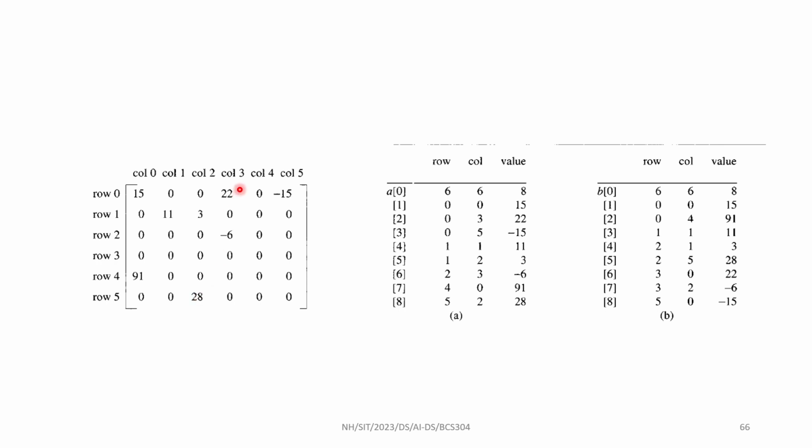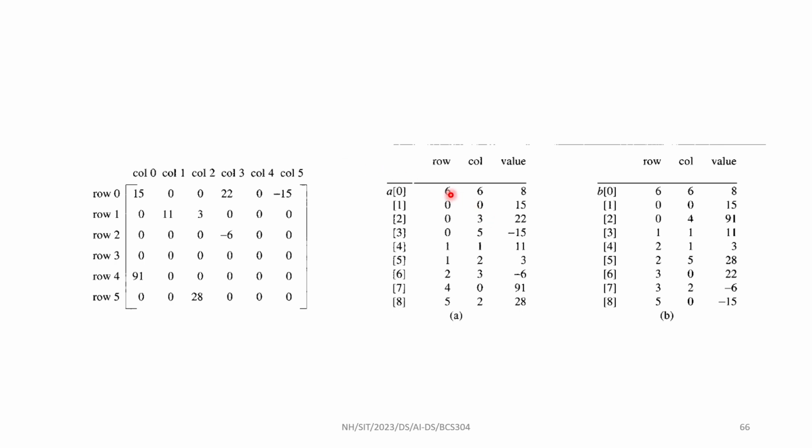Some of the operations that can be performed are multiplication and addition. Here we will see how to transpose, which is one such operation. When you transpose, rows become columns and columns become rows, so row and column are exchanged. The number of rows becomes the number of columns, and the earlier number of columns becomes the number of rows in the transpose matrix.